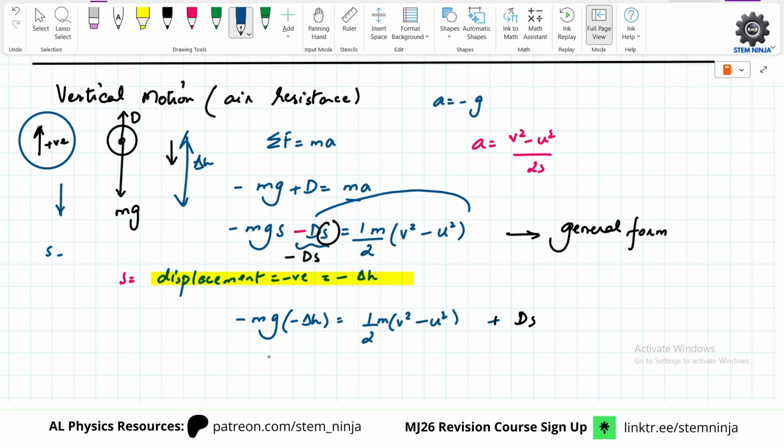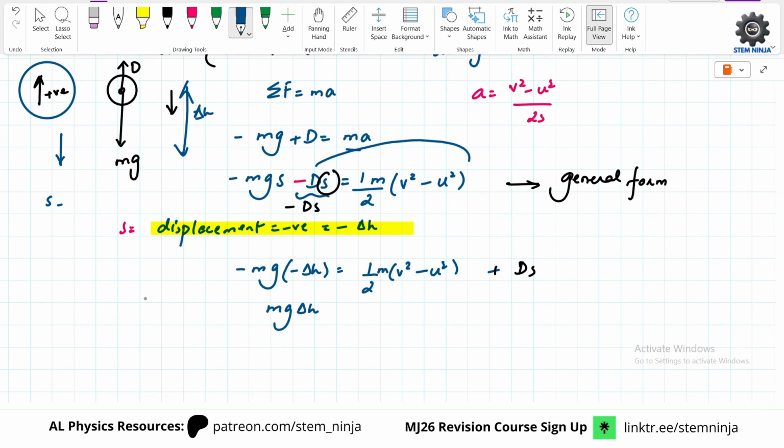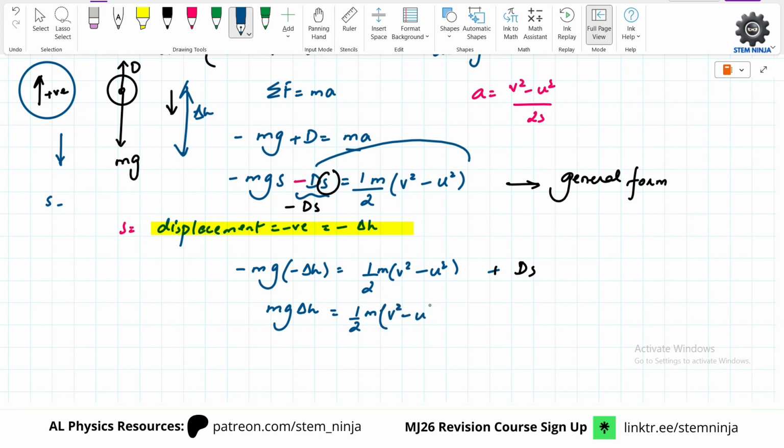So what we actually end up with is mg delta h, or like mgs, whatever you want to call it, but the magnitude part of that equals the change in kinetic energy and your ds.